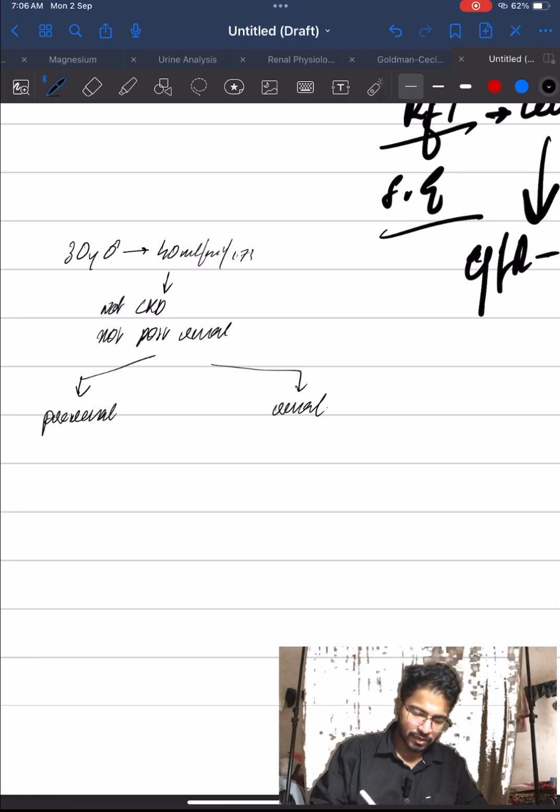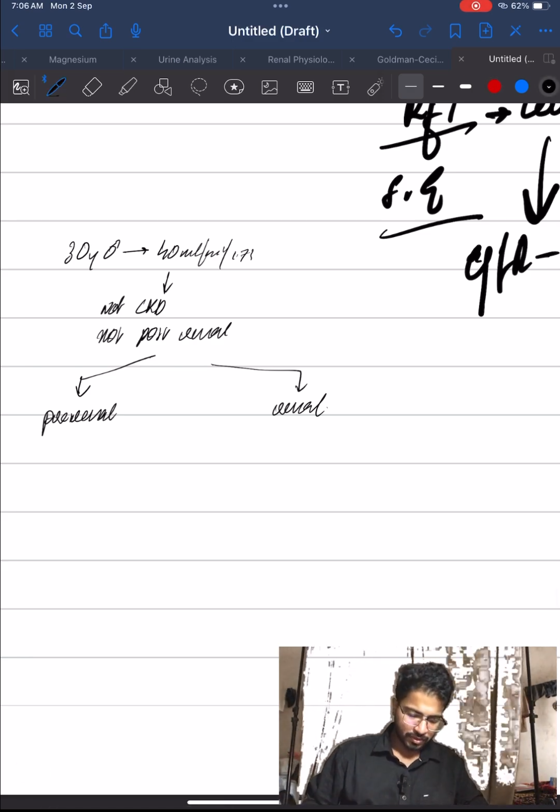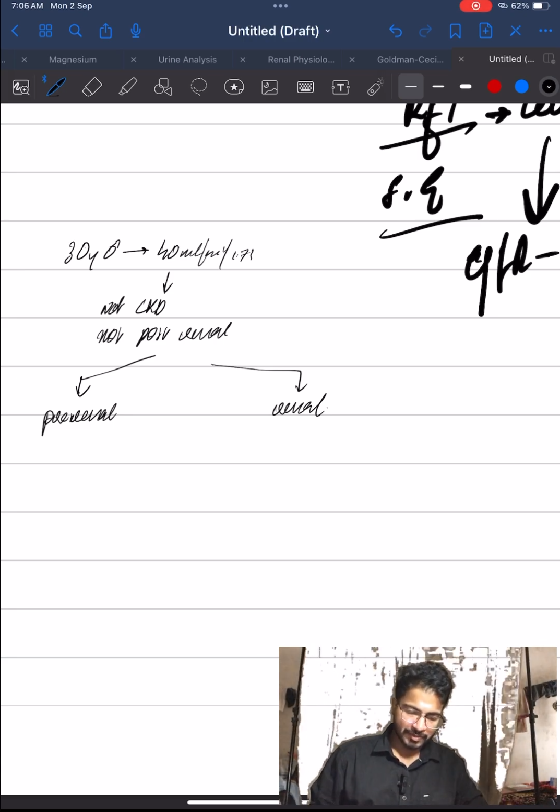As I already said, now you have to look into the urine routine of this patient.